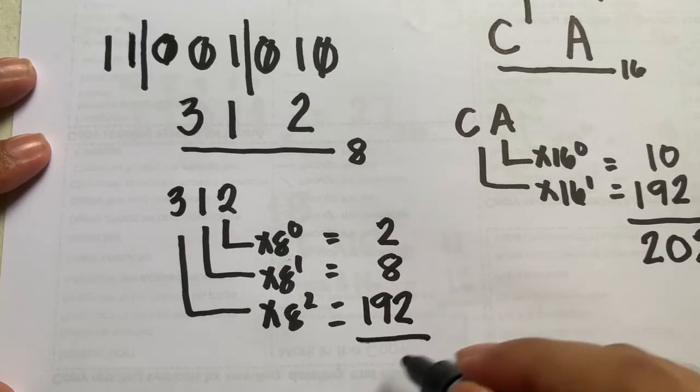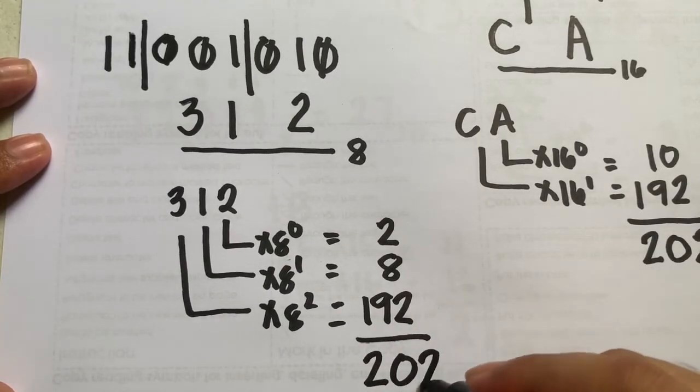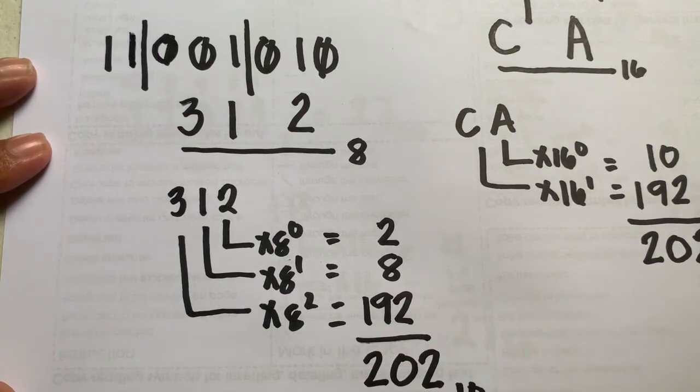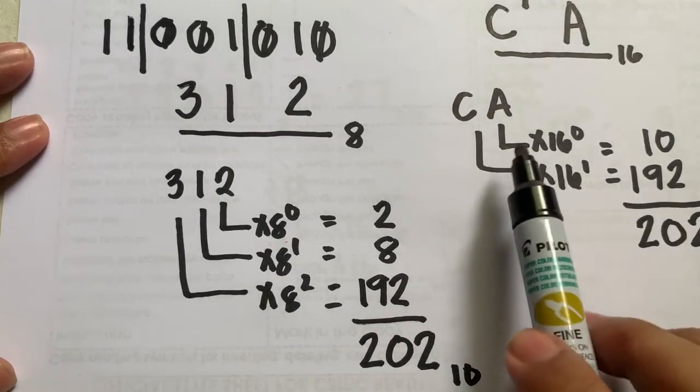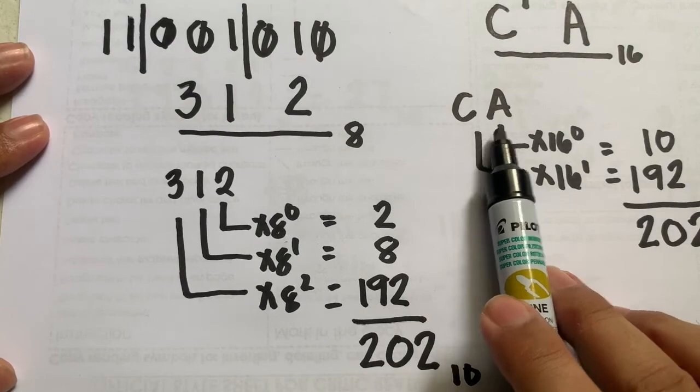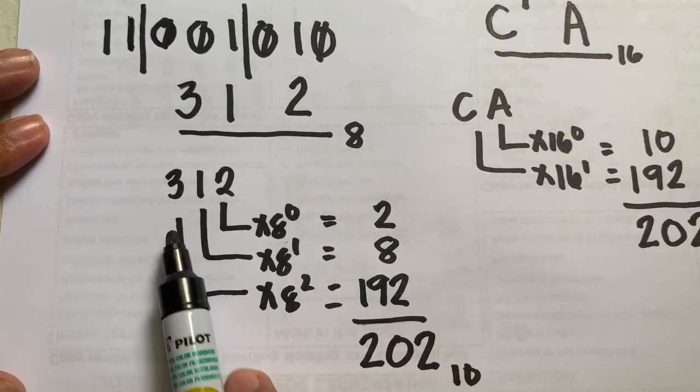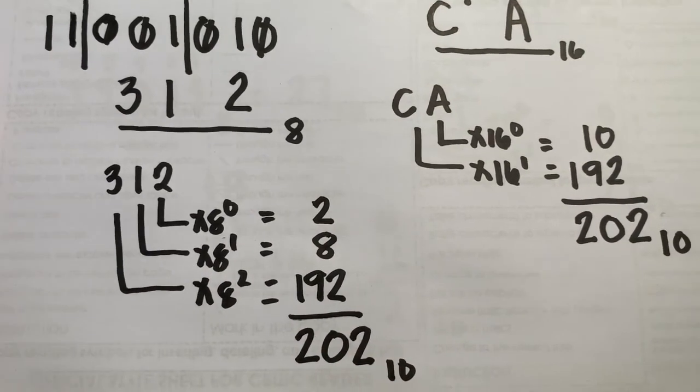If you add them, they give the same answer, which is 202. So you may use either the hexadecimal equivalent or the octal equivalent in converting it to decimal.